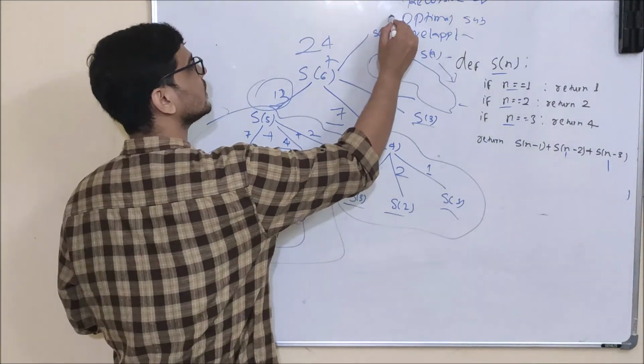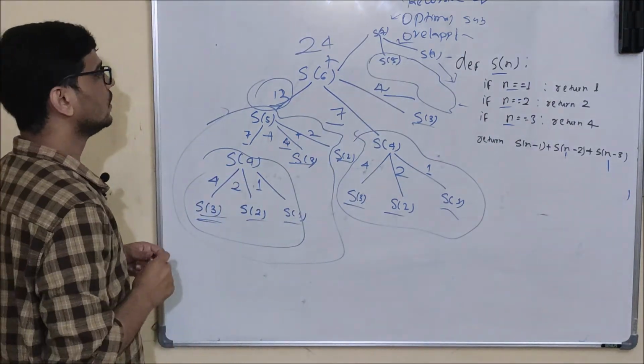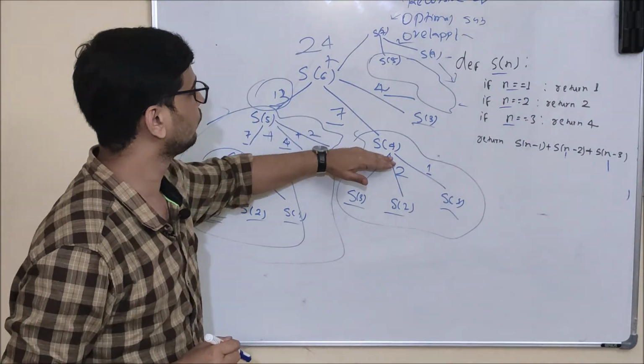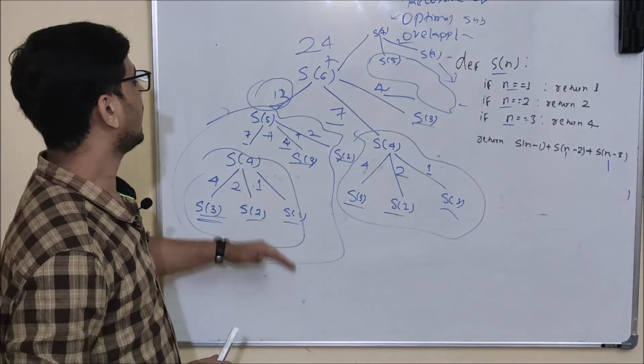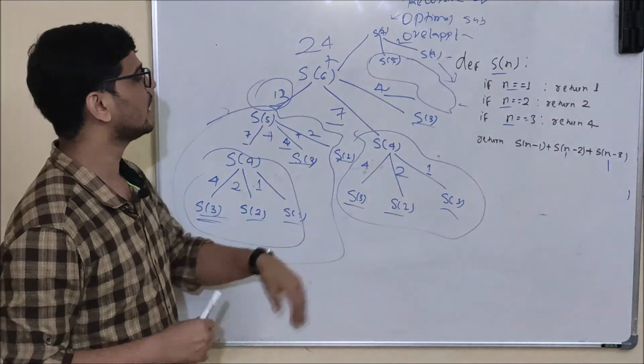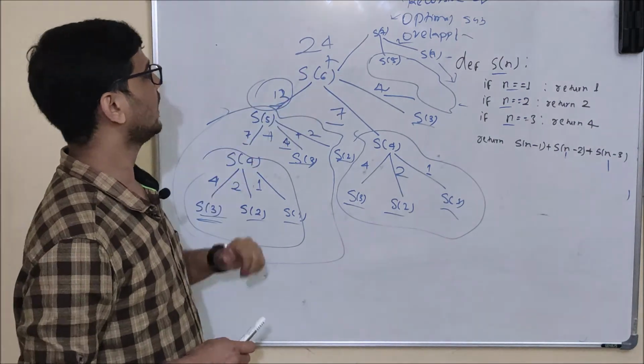So now let's check if it is satisfying the optimal substructure property or not. You can see here S of 6 is calling S of 5, S of 4 and S of 3. And when S of 5, S of 4 and S of 3 find their values, they give the value to S of 6.